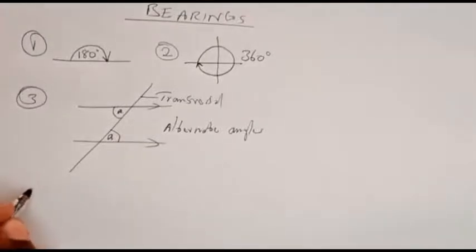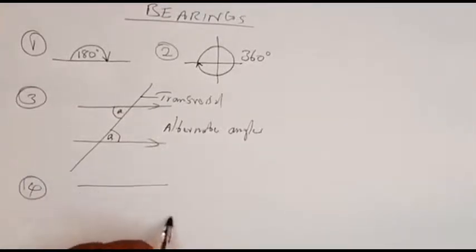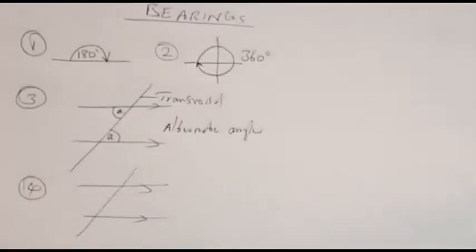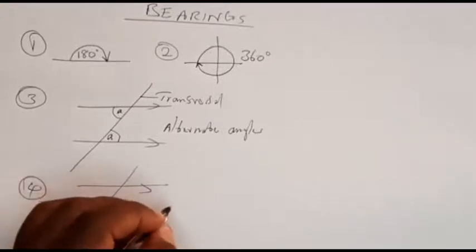The fourth one: again, if you have two parallel lines and you have the transversal, there is a type of angles known as allied angles.